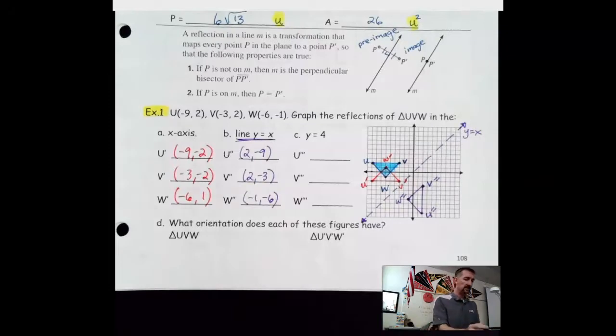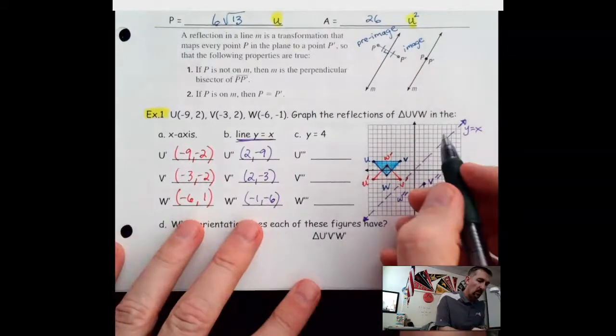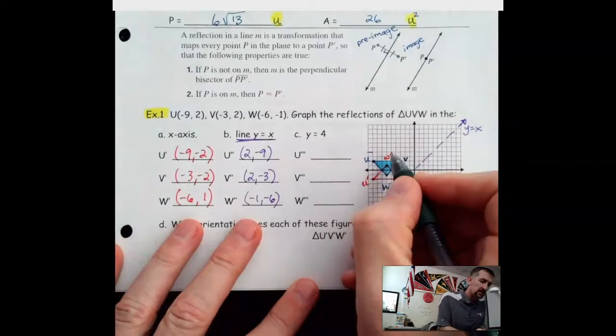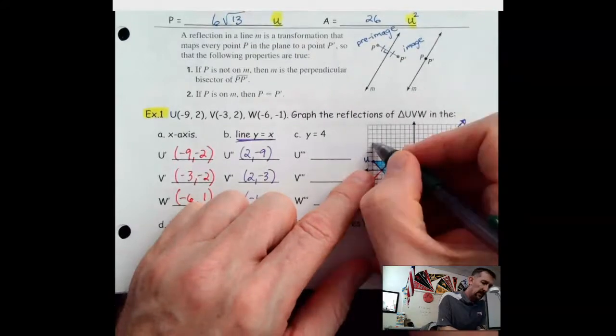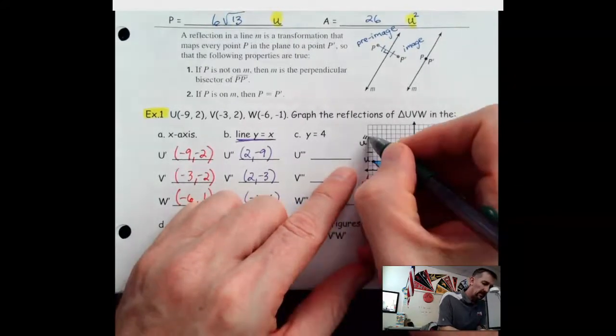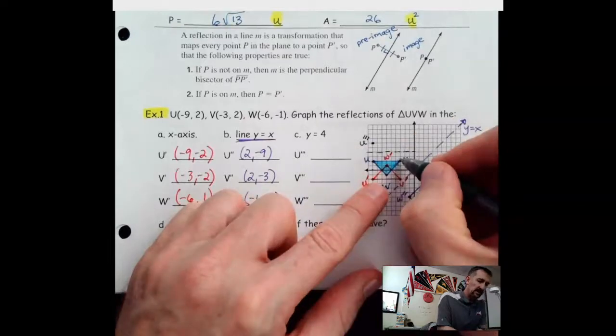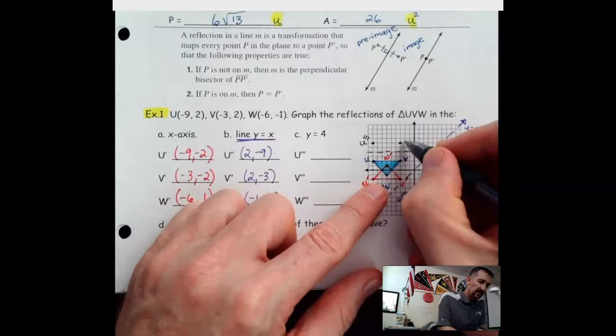And our last one here is over the line y equals 4, which would be right here. So this is going to go up here. It's going to be u triple prime. This v is 2 below y equals 4, so it's going to go 2 above.